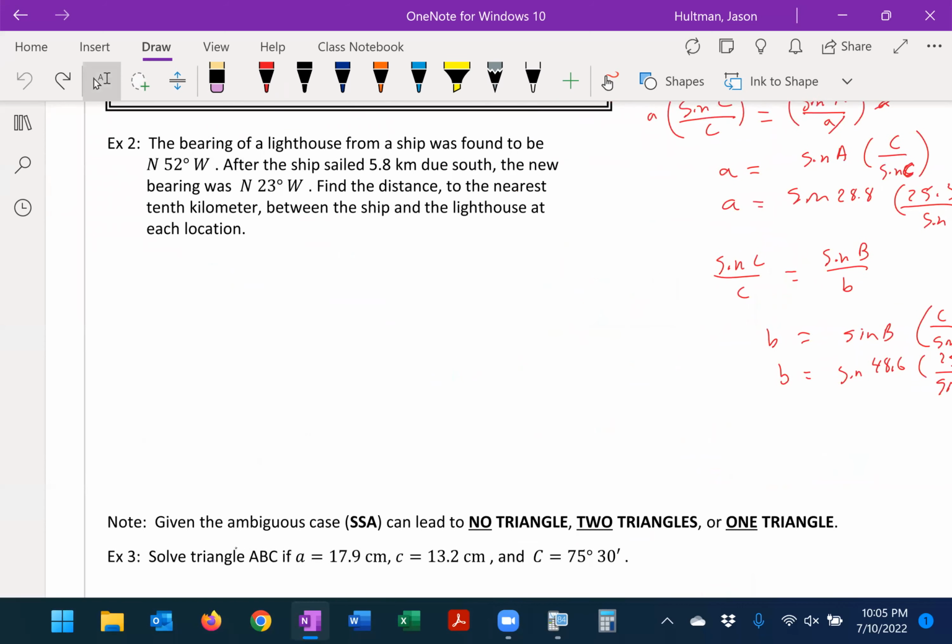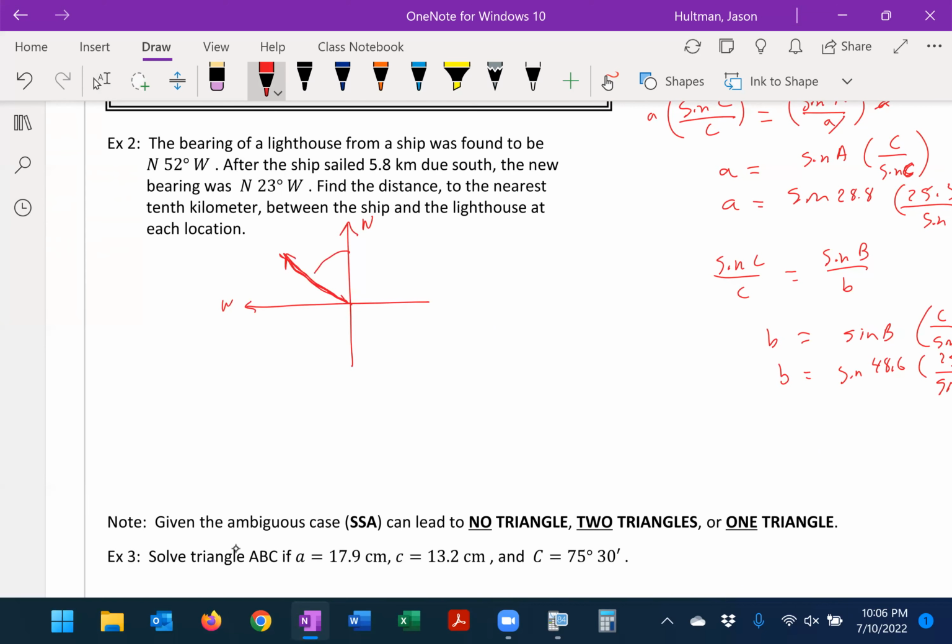Let's use the law of sines to solve a problem, a real life application. The bearing of a lighthouse from a ship was found to be north 52 west. So the bearing of a lighthouse was north 52 degrees west.